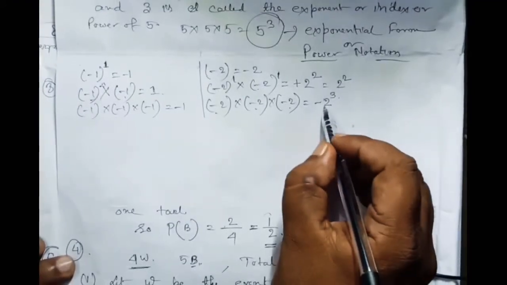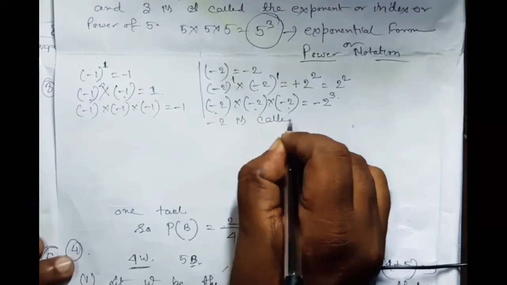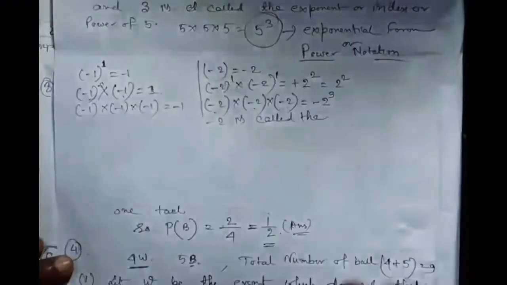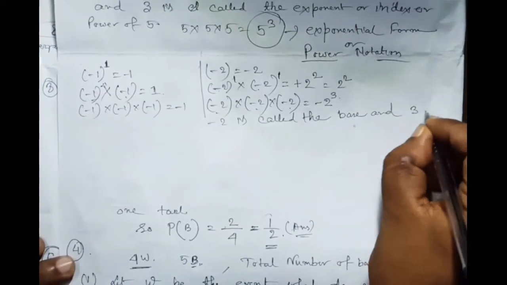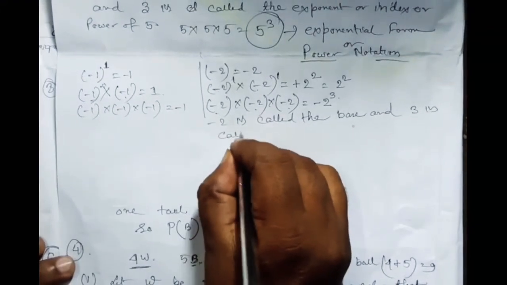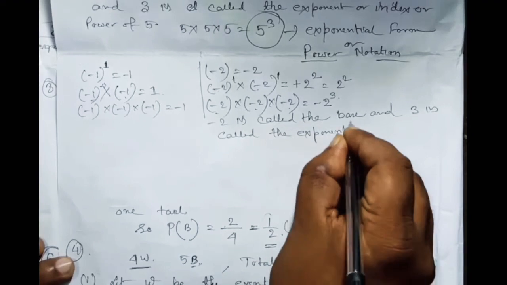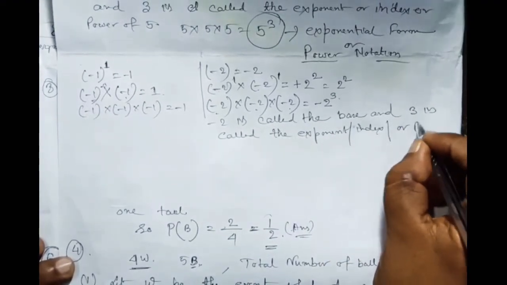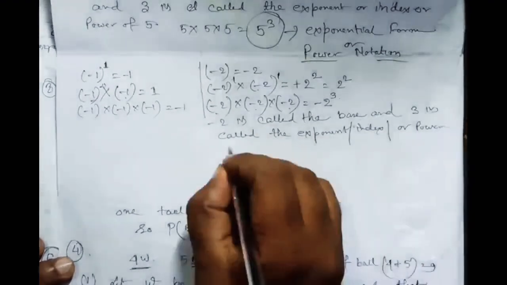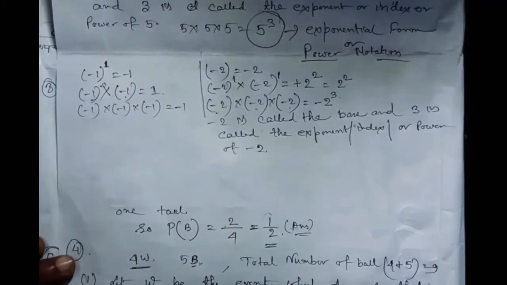So in this case -2 is called the base and 3 is called the exponent, or index, or power of the number -2. Understood?